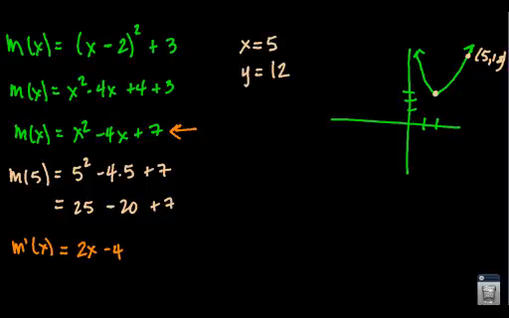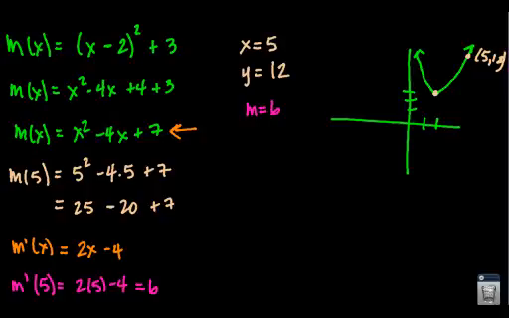Now we need to find the gradient, and the way we do that is we plug this into the gradient equation. So the derivative of m when x is 5 equals 2 times 5 minus 4. So that means we end up with a value of 6. So our slope, also known as our derivative in this case, is 6.